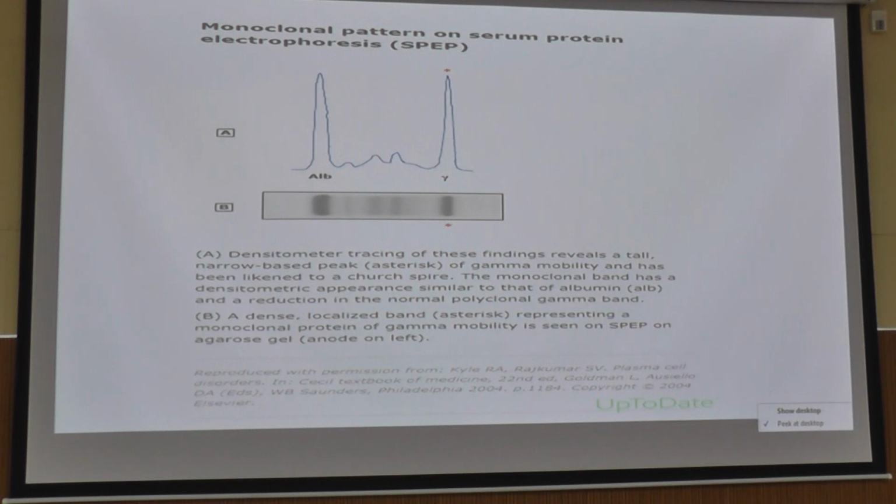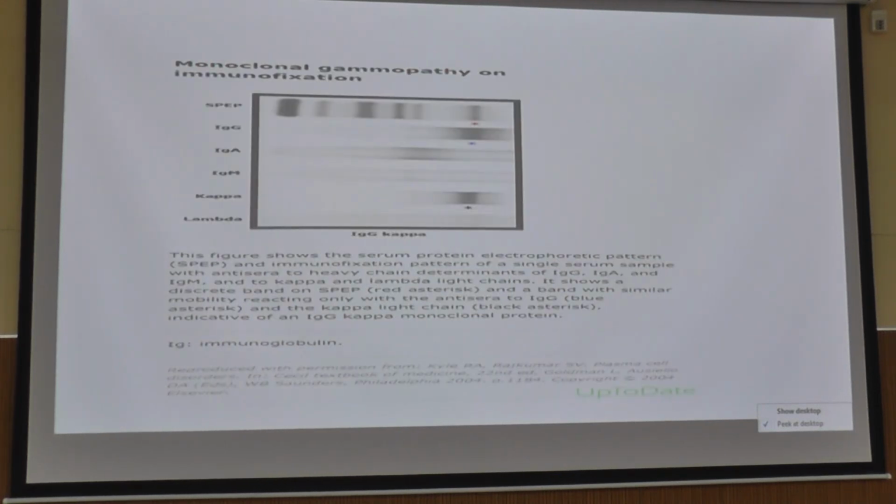Now this is the monoclonal pattern of serum protein. You see the gamma region, then there is the big spike. With immunofixation, you can identify, say, IgG and kappa; you can pick up the band. This is what we commonly do, and then they do a free light chain assay to quantify how much of the light chain there is.